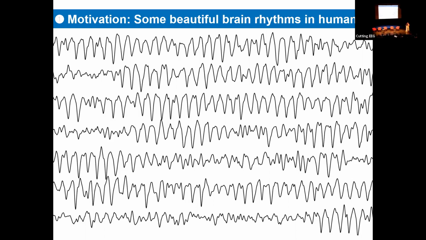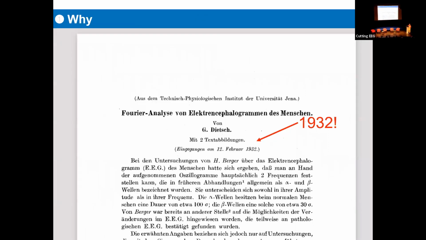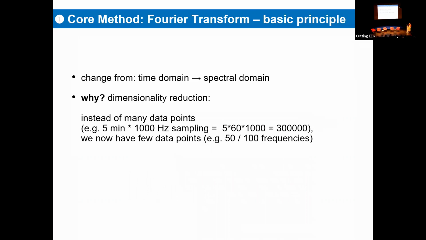So people had the idea to apply something called the Fourier transform to such signals. This idea already came up 90 years ago. So the idea came very intuitively, apparently. What we want to do is change from the time domain to another domain, the spectral domain.